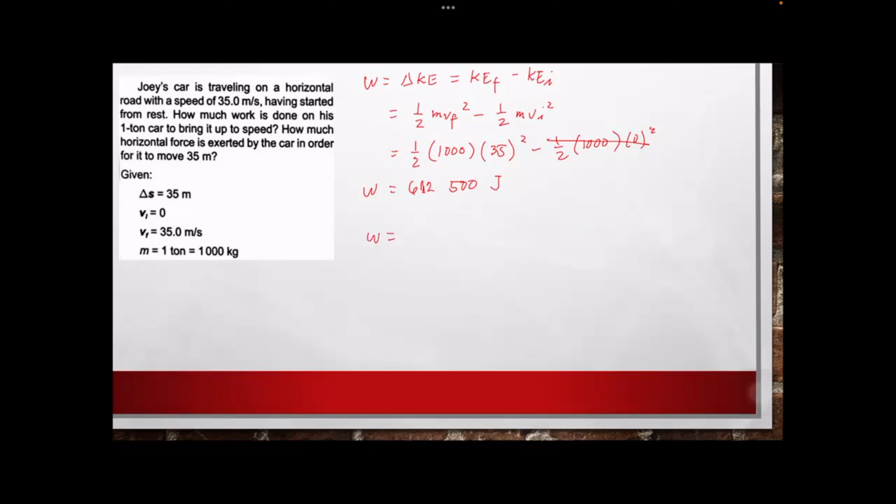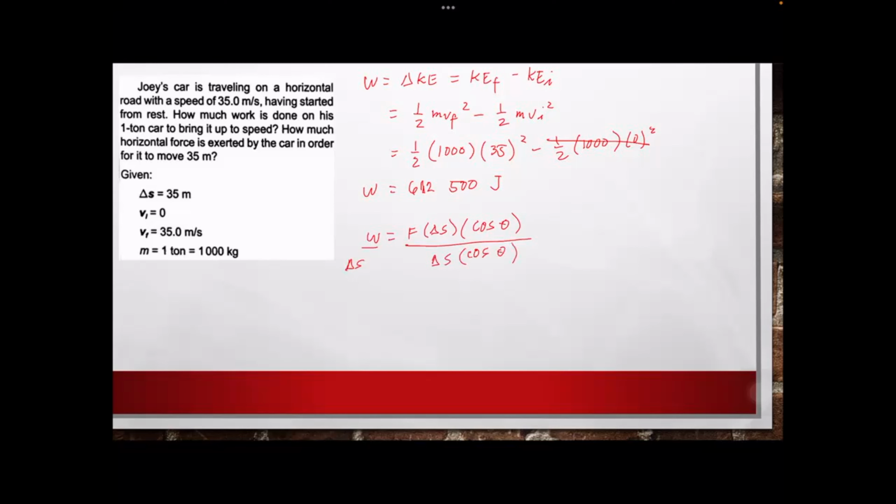So magkakaroon tayo ng W is equal to F times delta S times cosine theta. So we need to find for the force. So therefore we have to divide this given by delta S then cosine theta.